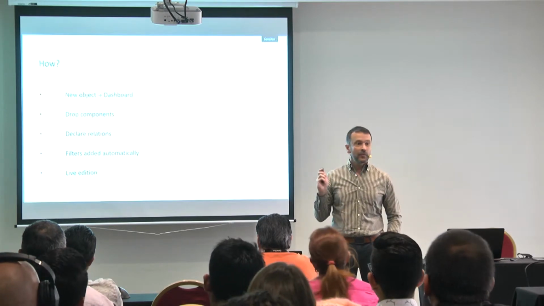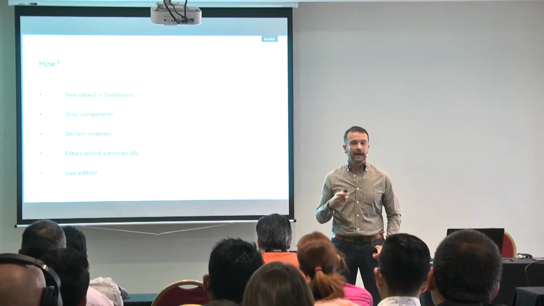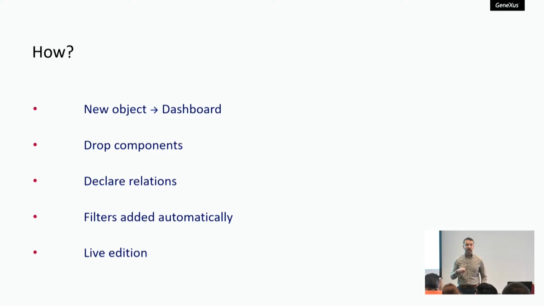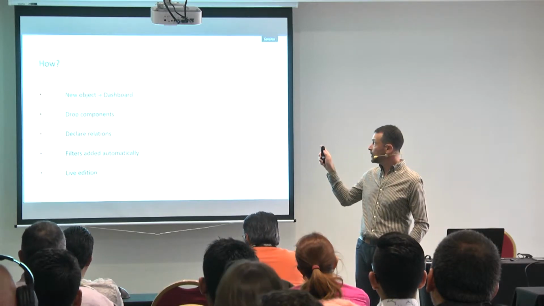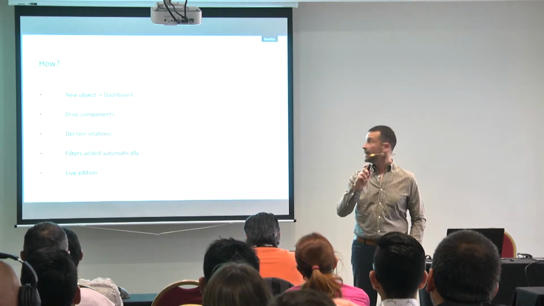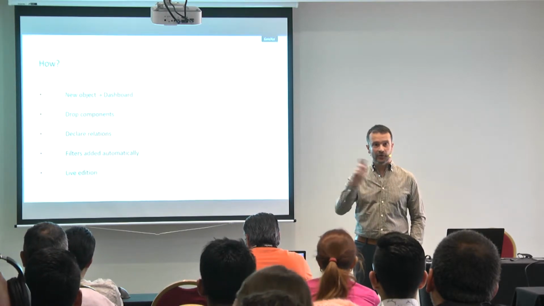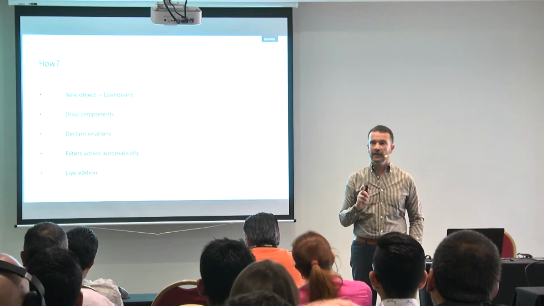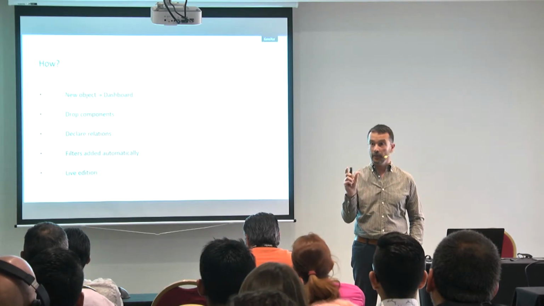In GeneXus 16, we introduced the dashboard object to have higher productivity in this type of construction. Now, the only thing we have to do is go to the GeneXus dialog, select the object, find dashboard, drag components to the screen and declare the relations among those components. Relations in the dashboard object are done through names.